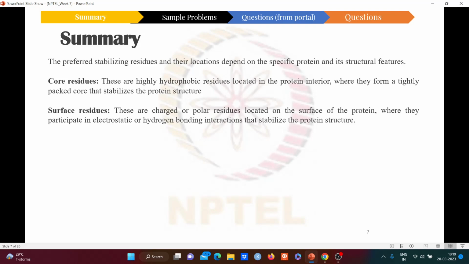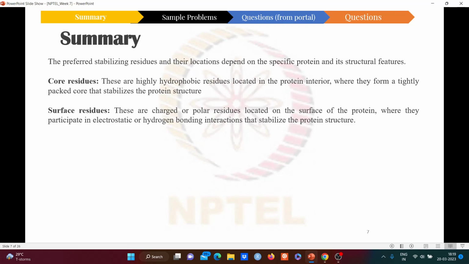These are highly hydrophobic residues located in the protein interior, where they form a tightly packed core that stabilizes the protein structure. Core residues are often highly conserved and can be predicted using methods such as the surrounding hydrophobicity approach. Next is the surface residues.